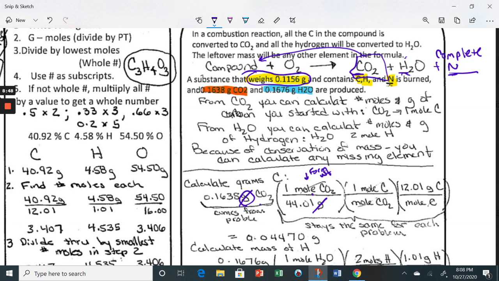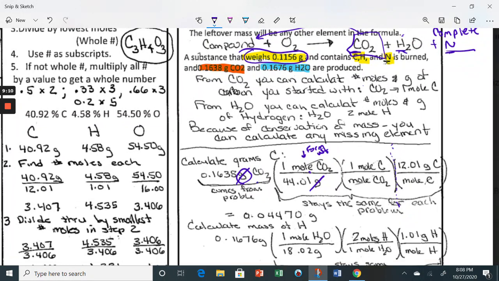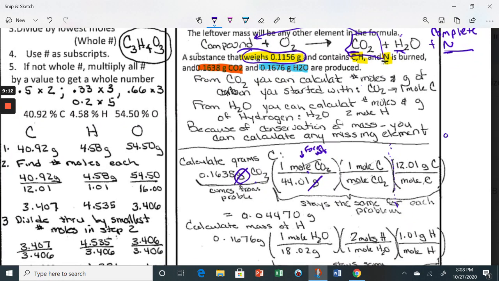And then if I need grams of carbon, like sometimes they ask you to stop here, and you can get, if it's just carbon and hydrogen, and you don't have to worry about another element, you can stop there because you can do the ratio between carbon and hydrogen in moles. But if you need to find a third element, then you have to go to grams. So I'm just going to put over here, if it's only C and H and nothing else, okay, you can stop at moles.